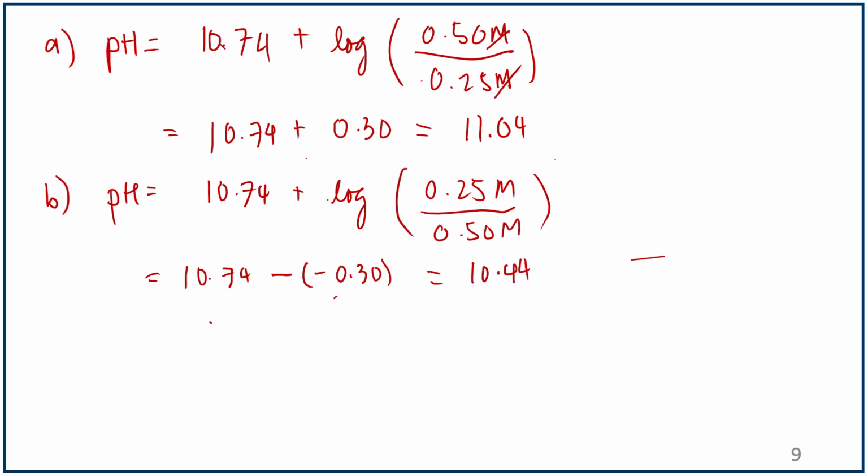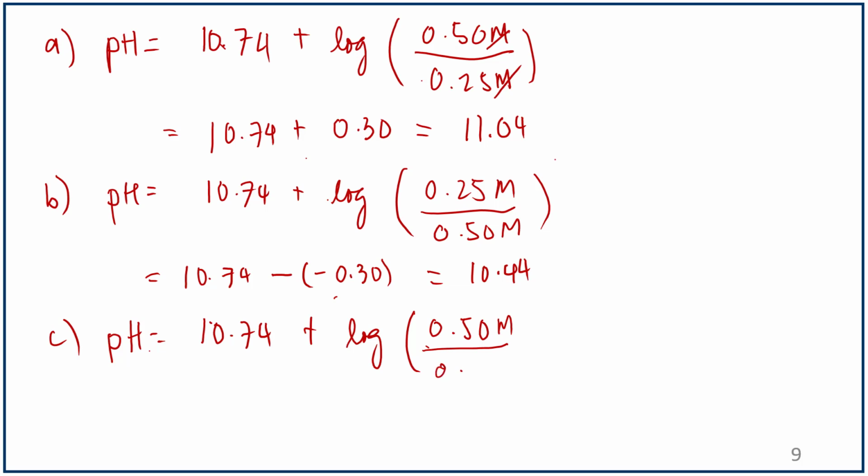Then for letter C, that's a much simpler calculation because you have pH is equal to pKa, 10.74, plus log of 0.50 molar divided by 0.50 molar. Remember that the logarithm of 1 is equal to 0, so this term cancels out, and we are left here with 10.74.